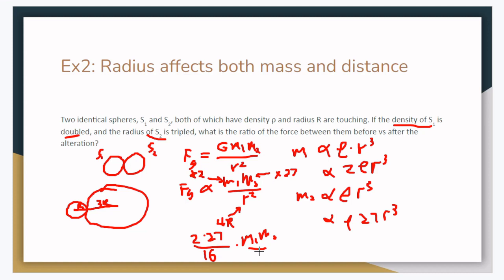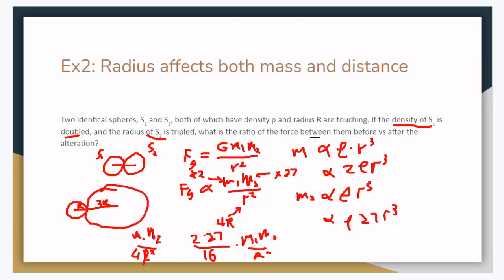And we're not done yet, because we need to find what the force was before the alteration. That one was just m1 times m2 over, the distance between these two was actually 2r, so that would be 4 r squared. This is the force before, and this is the force after.